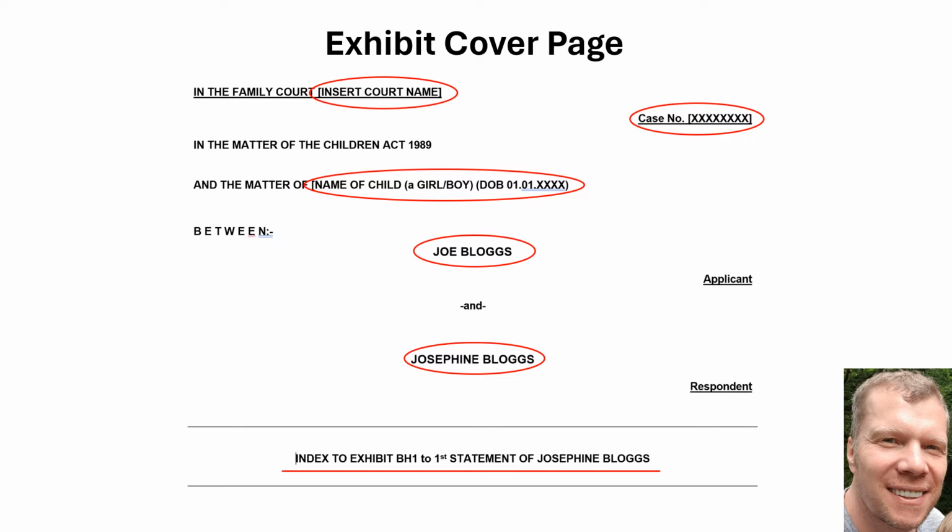So in this example, it's an index to your exhibit, and you're of course saying, for example, in this case, this exhibit BH1, that's the reference that as an example I'd give to this exhibit, and it's an exhibit to the first statement that's being made and who the person is that the statement and exhibit belong to. Okay.